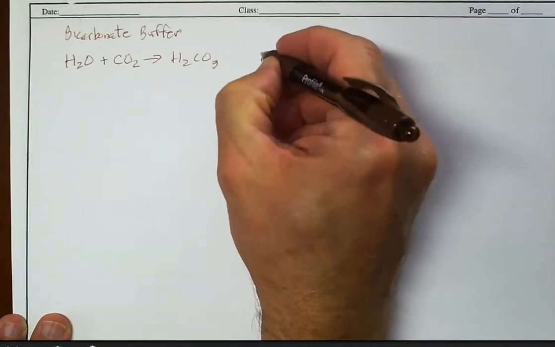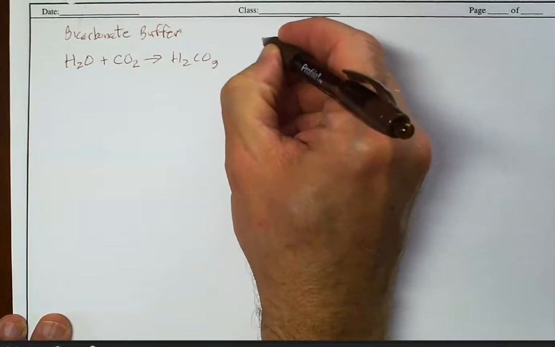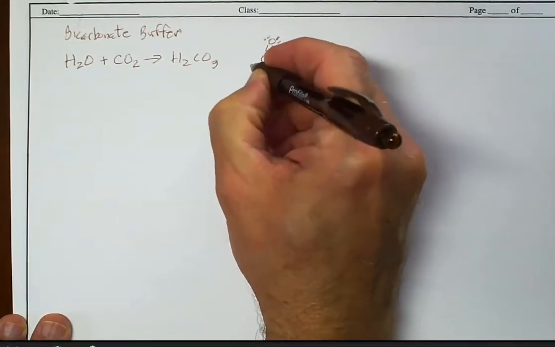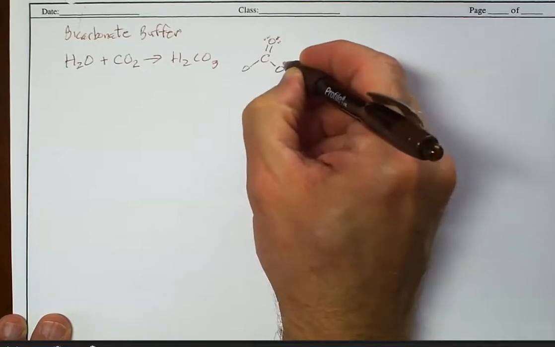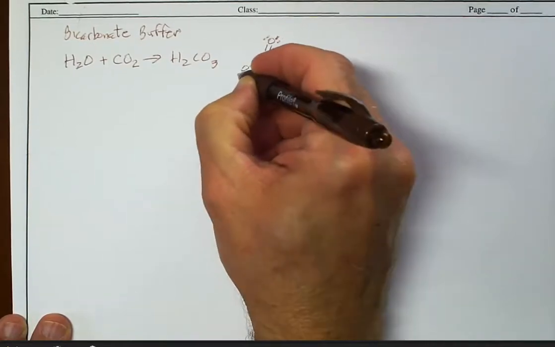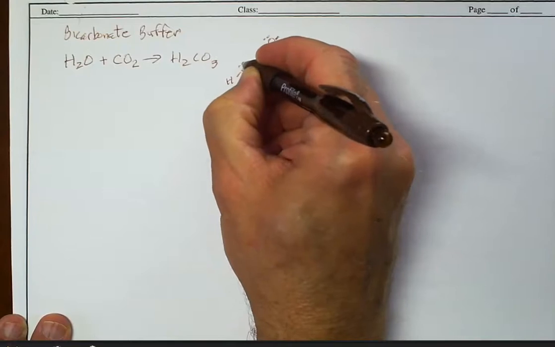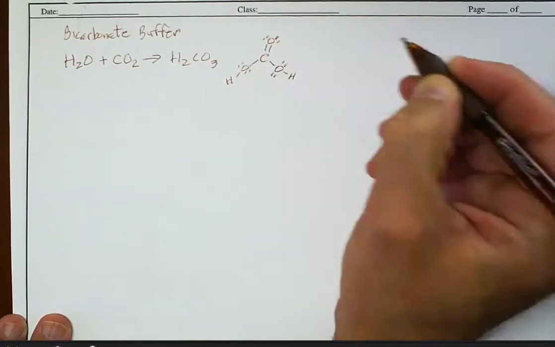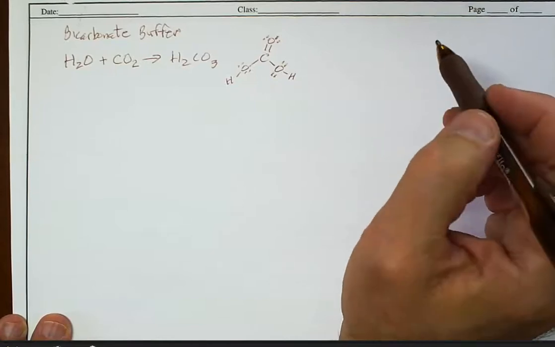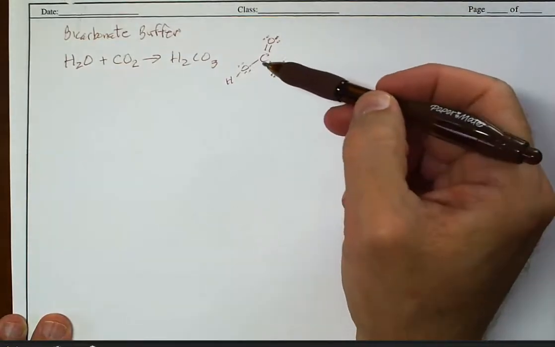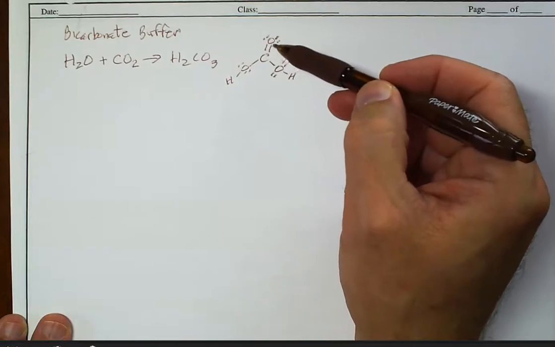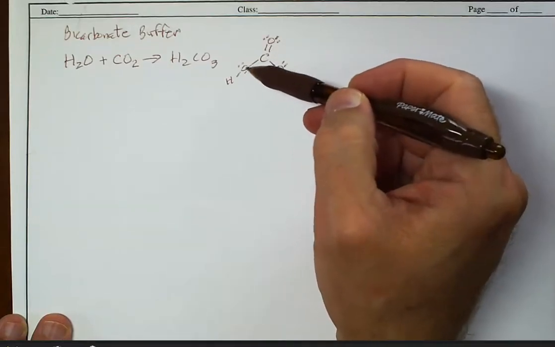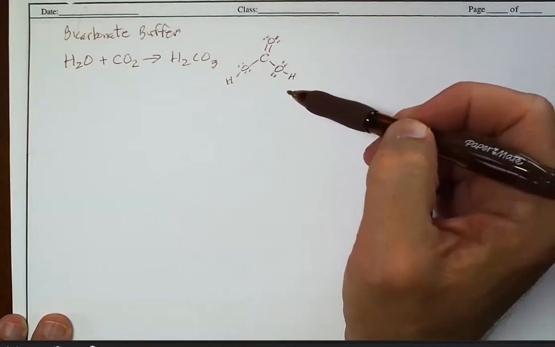Structurally, carbonic acid should be something like this. All right. The carbon is in the middle of 3 oxygens. It's double bonded to one of them, single bonded to the other 2, and then those oxygens are in turn bonded to the hydrogens.